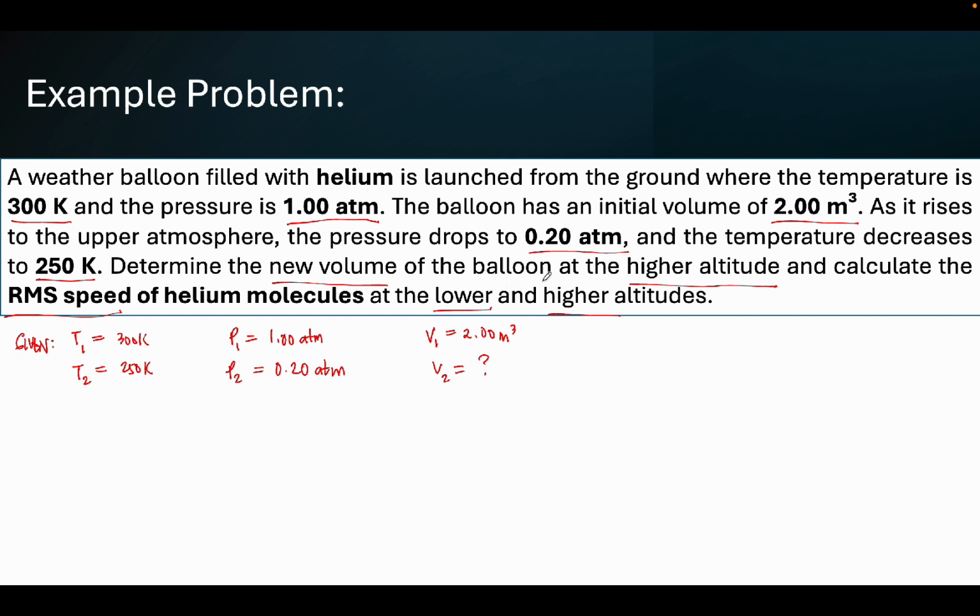Okay, so how can we solve for V2? We will use the combined gas law. Since the number of moles of helium remains constant, we use the combined gas law: P1 V1 over T1 is equal to P2 V2 over T2.